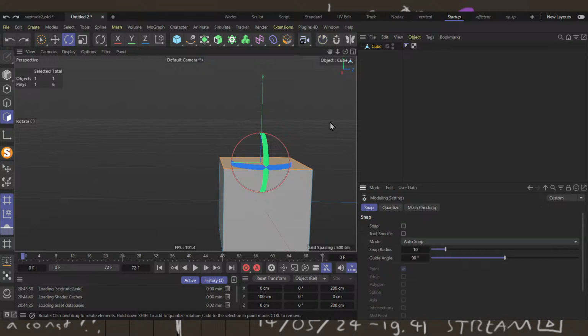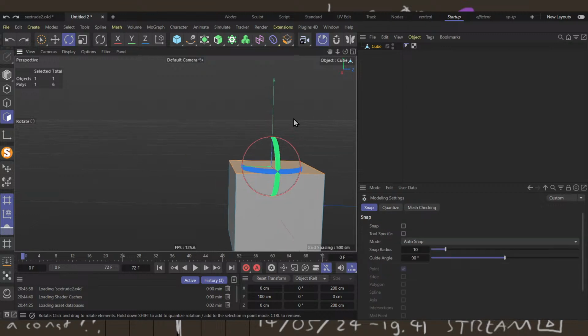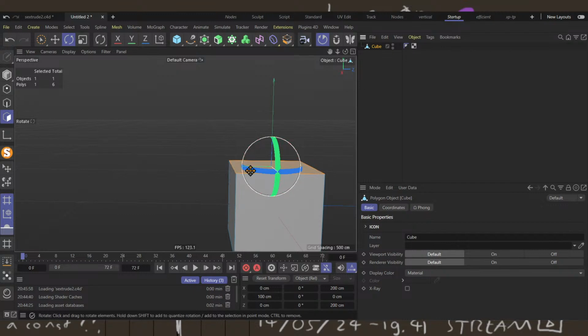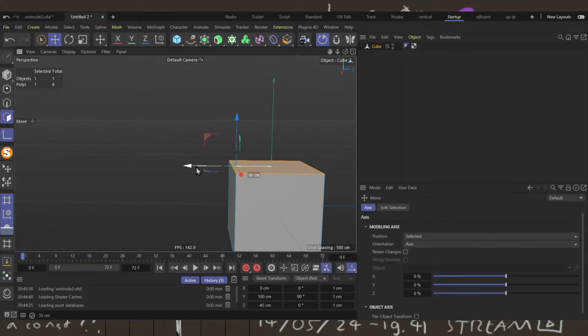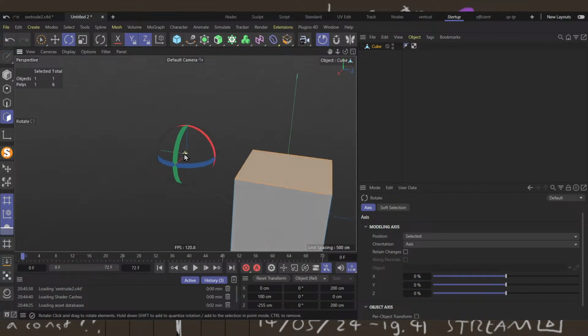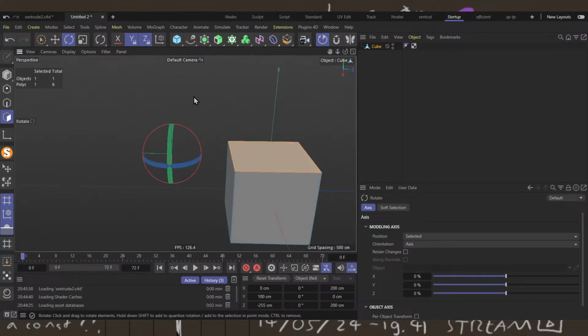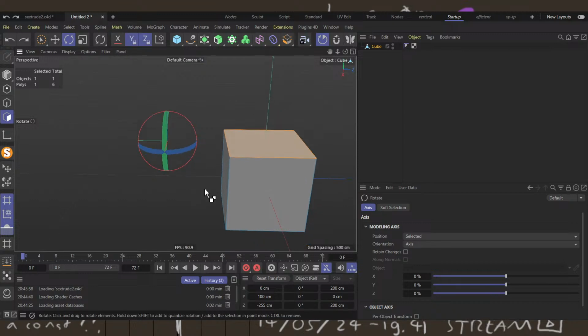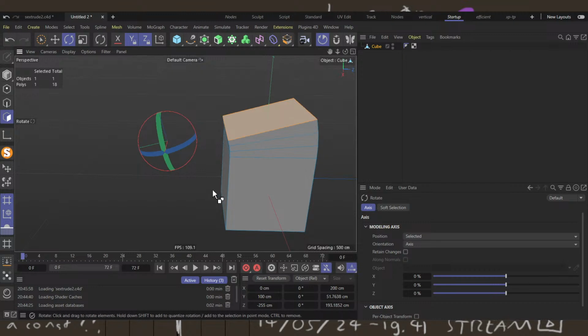So what we do is drag this axis here, and then lock certain axes. In this case, I wanna do the X, so I lock the Y and Z, and that's all you do. Just keep doing it and make sure you don't skip any.